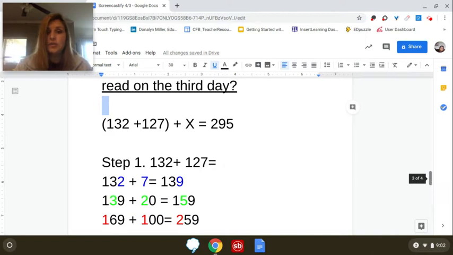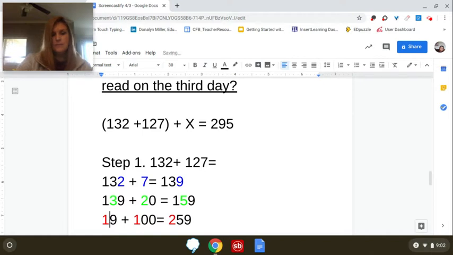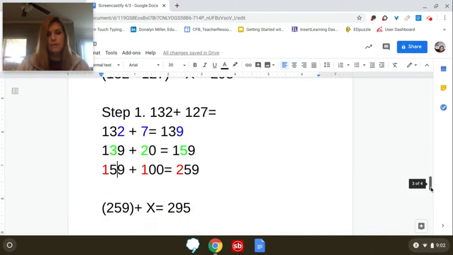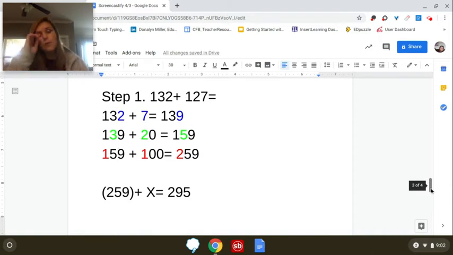Now we're going to add the hundreds place. 169, or 59, that should be 59. 159 plus 100 gives me 259. Okay. So I'm going to just take that 259 and put it back in the parentheses, so that I can do my step 2.